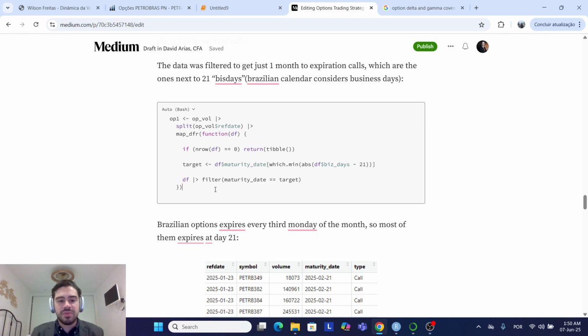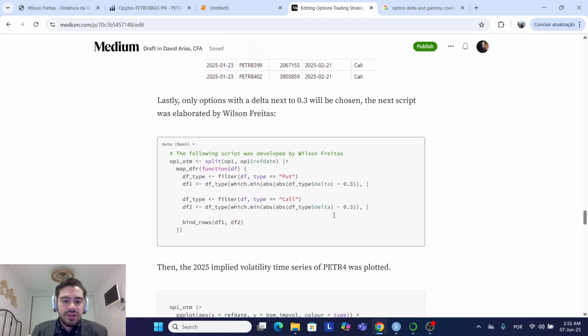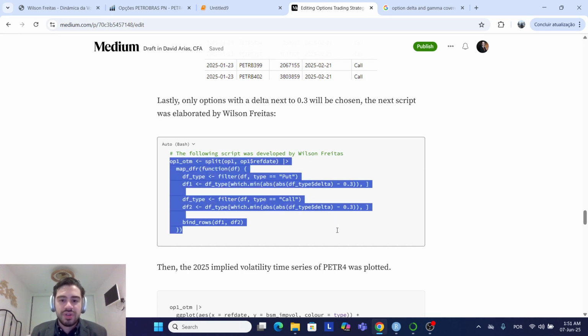So it's the difference between the day and the closest expirations of 21 days, and then I filtered to get deltas next to 0.3. It's not going to be exactly 0.3, so this is why I use this script to get next to it.